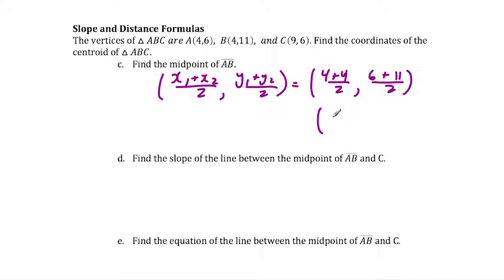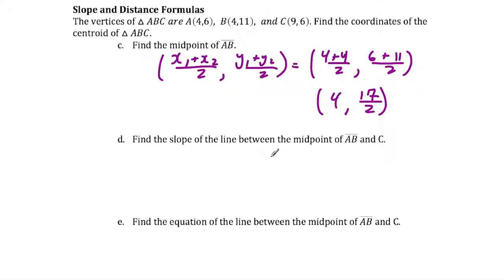This is going to be 8 divided by 2, which is 4. And then 6 plus 11, which is just going to be 17 over 2. I'm going to leave it as a fraction. That's fine. I want to find the slope of the line between the midpoint of AB and C.